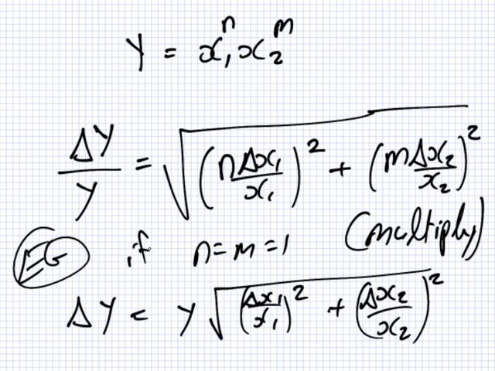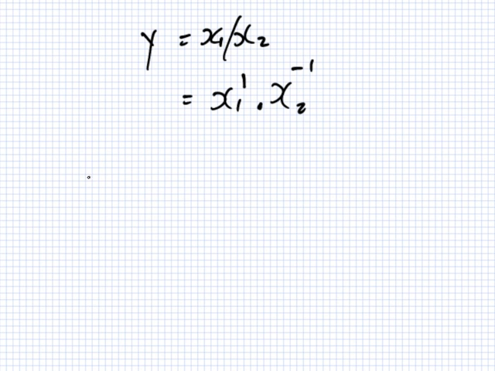Okay, continue? Right. So what about dividing? x1 divided by x2. Well, you can change that into x1 to the power 1 times x2 to the power minus 1. And you can use the formula I gave you a moment ago.